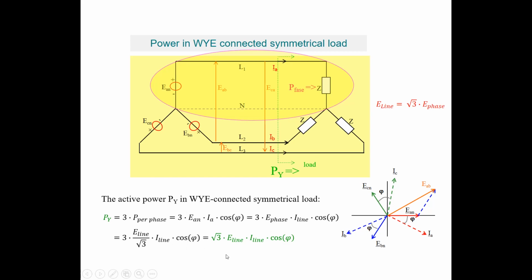So the total power is equal to the square root of 3 times E line, the line voltage, times I line, the line current, times the power factor, the cosine of phi. That is the general expression of the active power in a Y-connected symmetrical load.